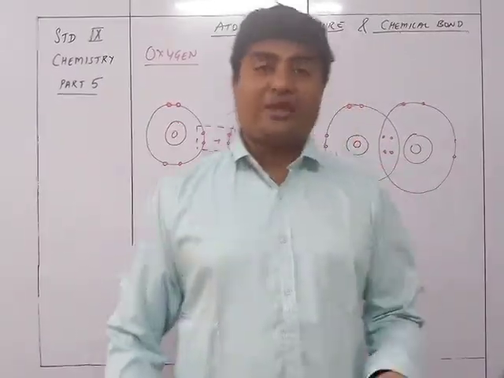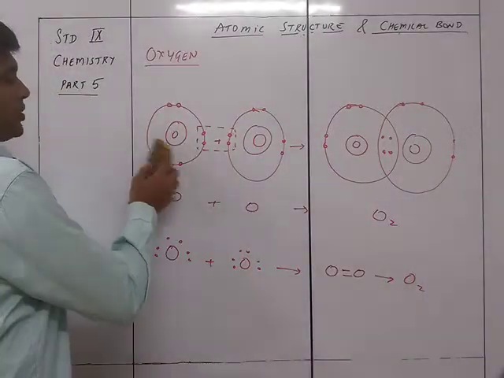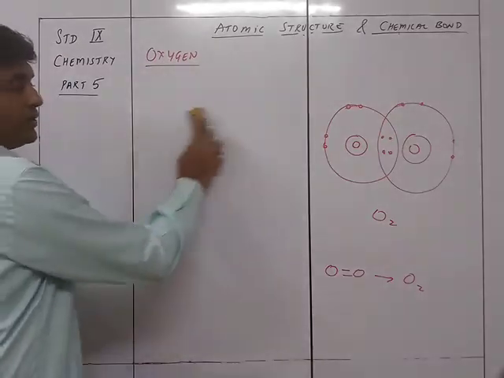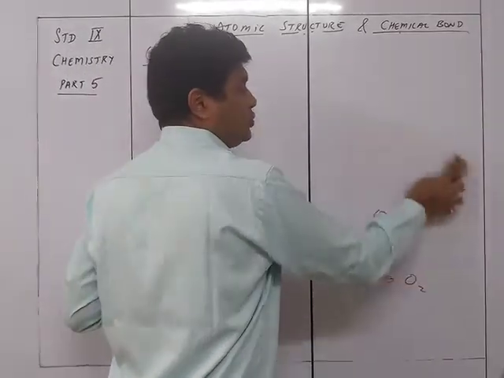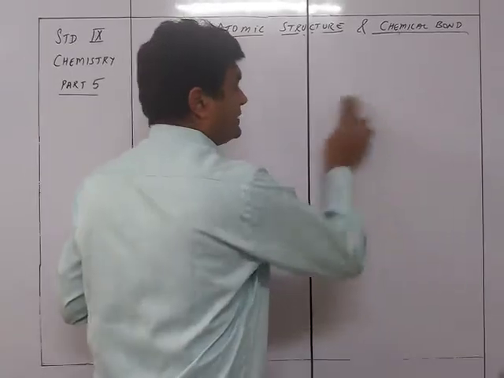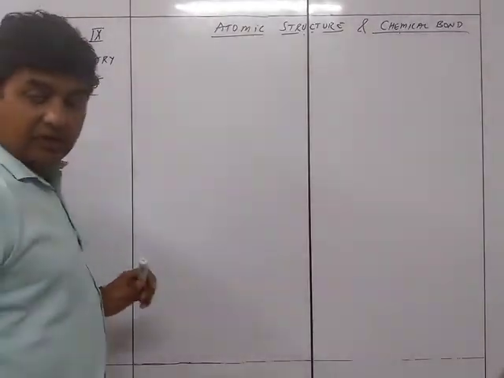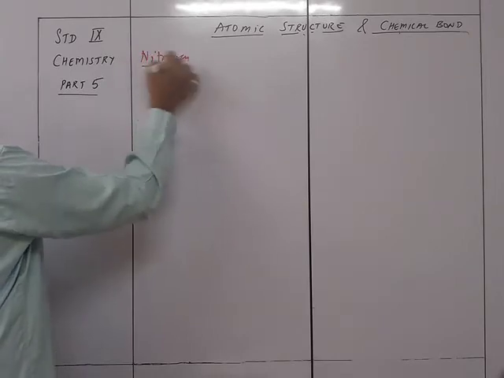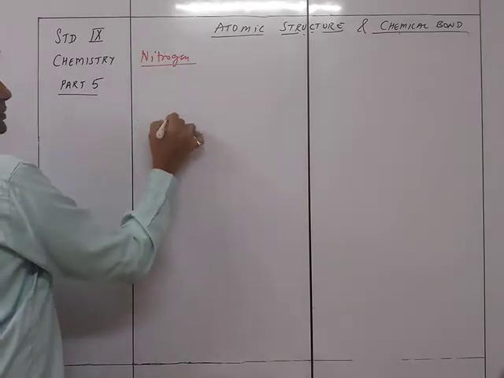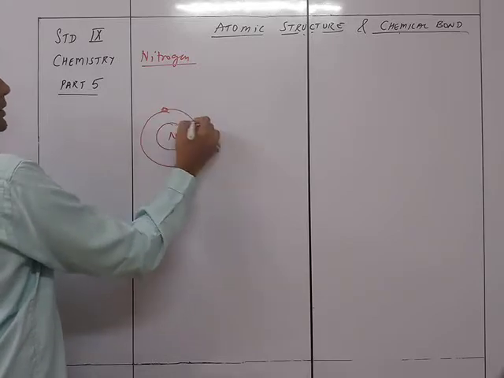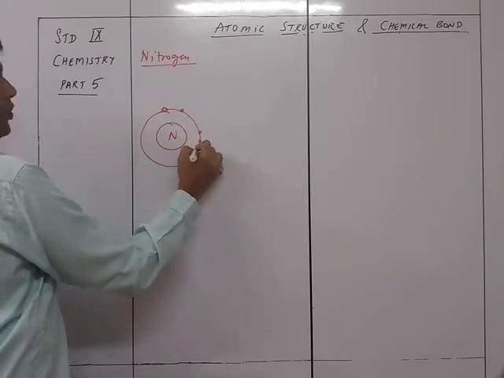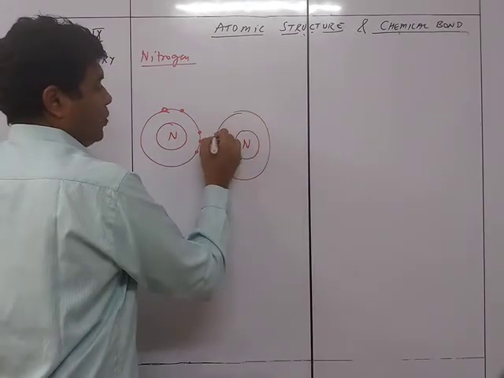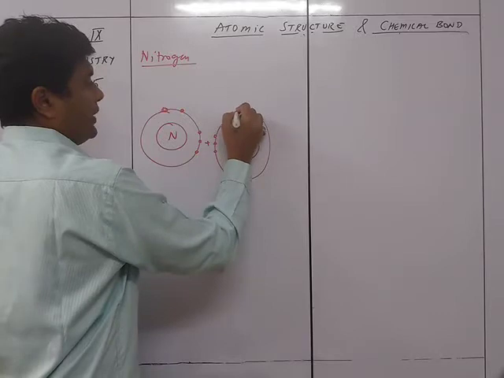Next one would be nitrogen. When I draw nitrogen, automatically it will be 3 electrons, because nitrogen has the electronic configuration 2, 5. Because it is 2, 5, it will require 3 electrons to be shared by each other. So in the case of nitrogen, the nitrogen will be here with the outermost orbit having 5 electrons, and another nitrogen atom coming here also having 5.